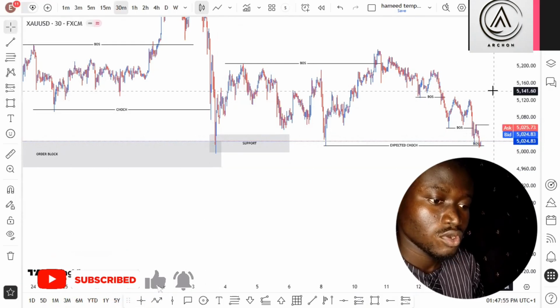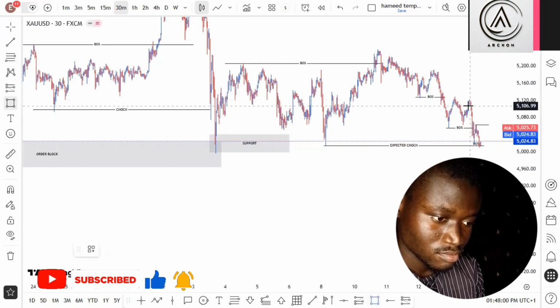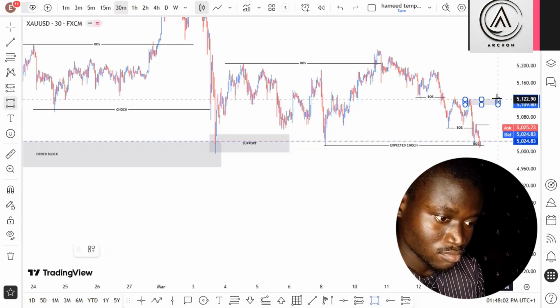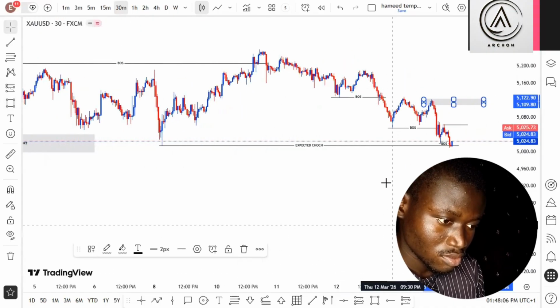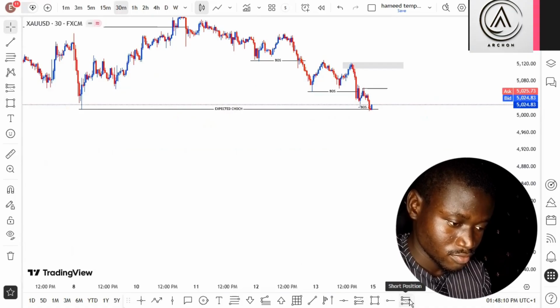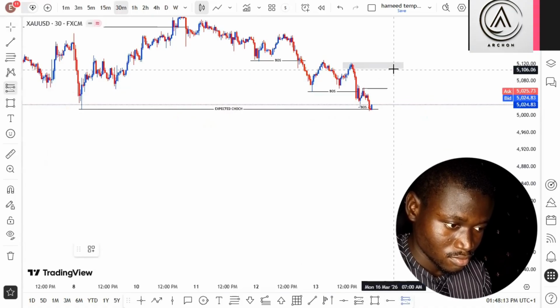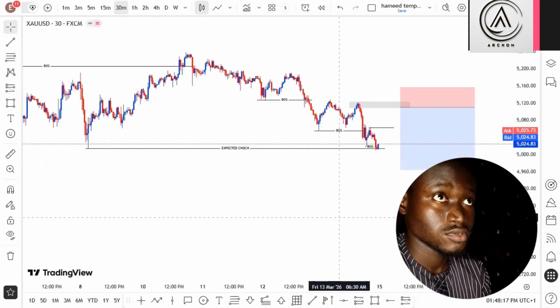We're now expecting it to come back up maybe to somewhere here. Maybe to somewhere here. So which means we'll now be having something like this. We're having something like this for the sell scenario.